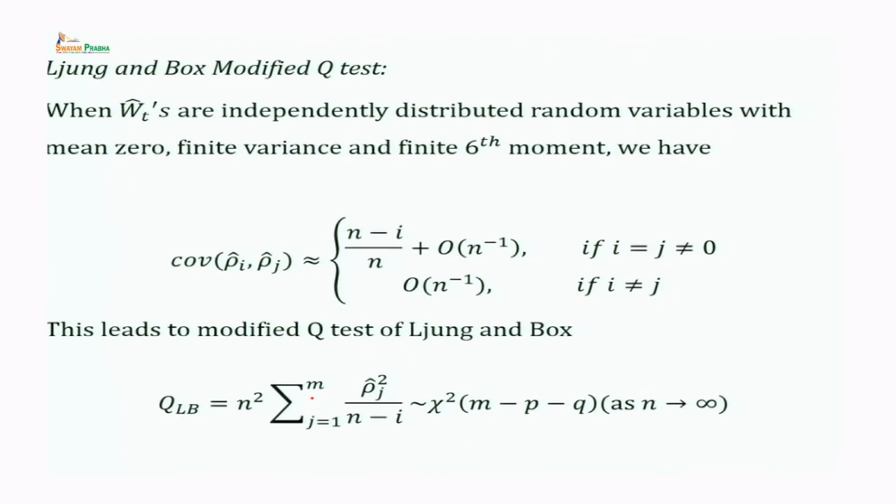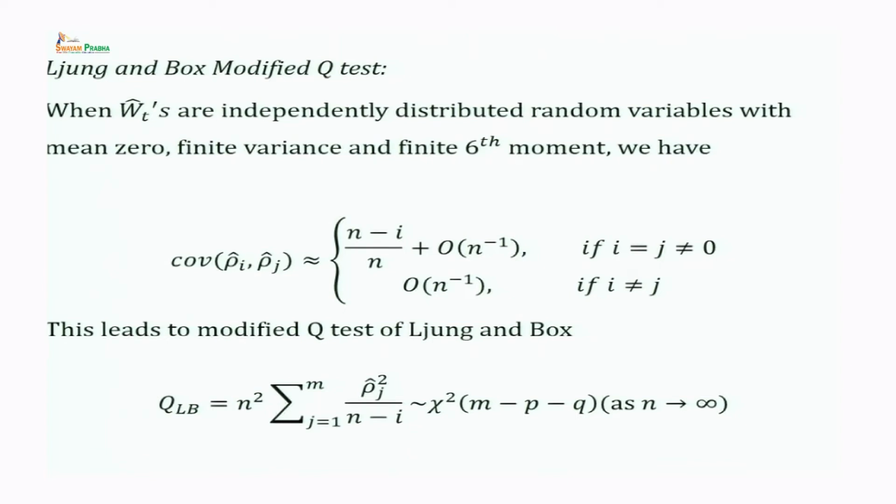Now, this is the Ljung Box modified Q test, when W hat t's are independently distributed random variables with mean 0 and finite variance and finite sixth moment. So, you require this assumption also about the sixth moment.